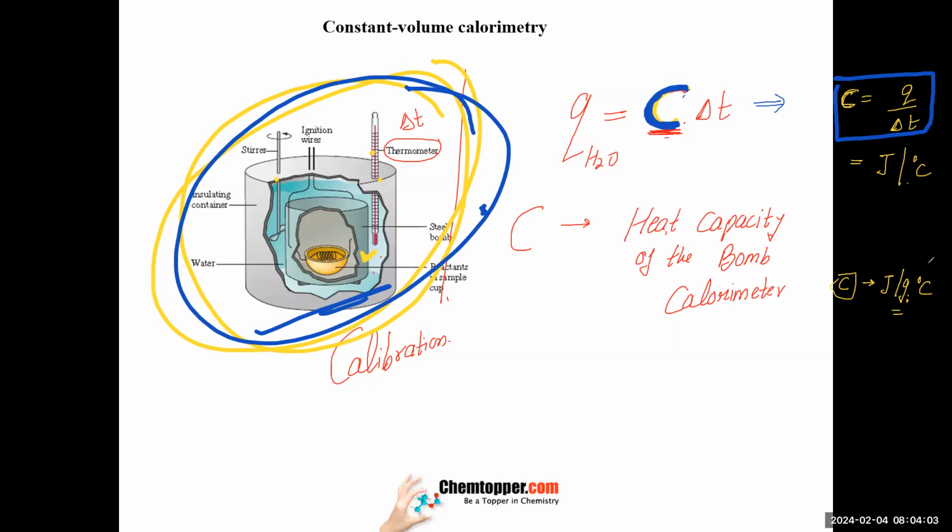And this one, the amount of heat needed to raise the temperature of 1 gram of water through 1 degree Celsius. This one, the heat needed to raise the temperature of this bomb calorimeter through 1 degree Celsius. Is the difference clear, children?